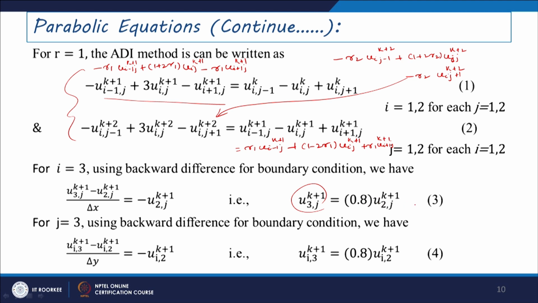For j equals 3, using backward difference for the boundary condition, we can write (u i,3,k+1 minus u i,2,k+1) by del y equal to minus u i,2,k+1. So this boundary point u i,3,k+1 can be written in terms of the domain variable u i,2 as 0.8 u i,2,k+1.